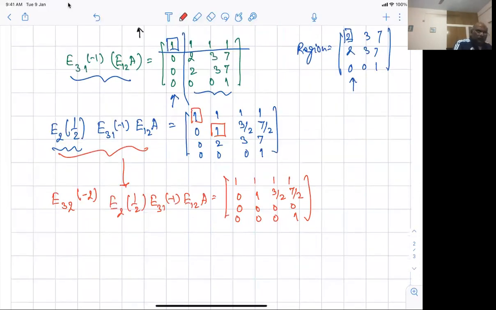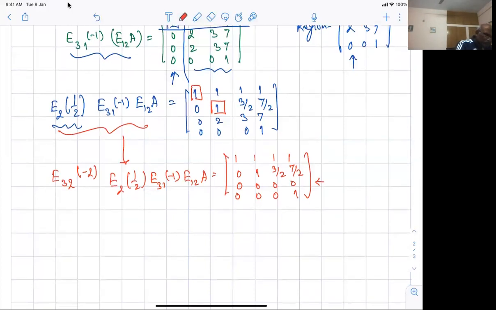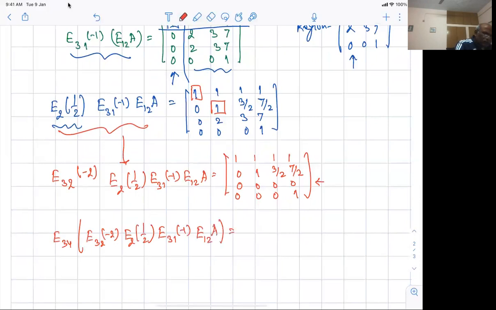Now this is a 0 row, so it should be at the end. I need to interchange the third and fourth rows. So I do E34 and again get the whole thing here: E32 of -2, E2 of half, E31 of -1, E12 of A. This will give me 1, 1, 1, 1, then 0, 0, 0, 1, 0, 0, 0, 0.